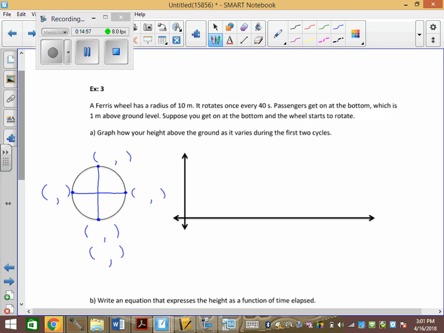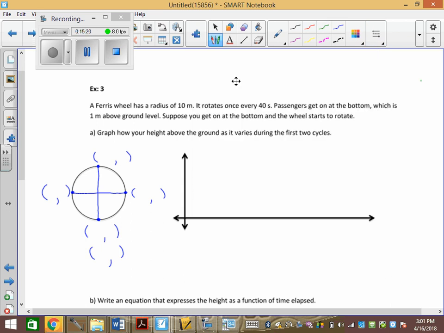So here, we're going to fill in what we can about this drawing. The Ferris wheel has a radius of 10 meters. What part of that circle is represented by 10? What part of the circle is the radius?